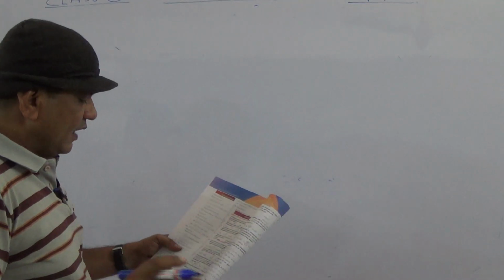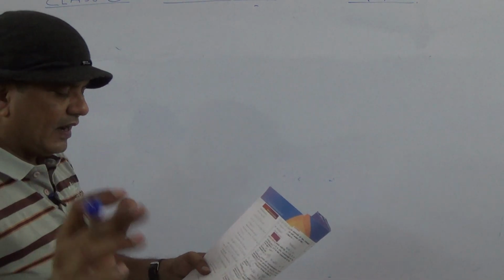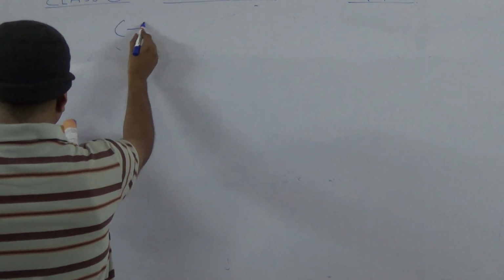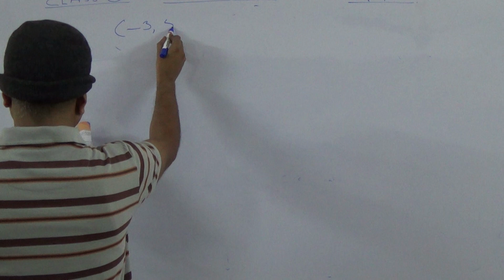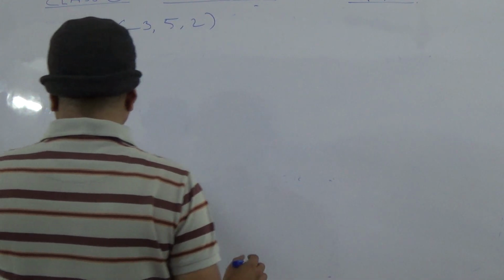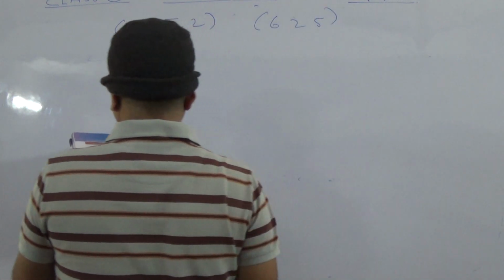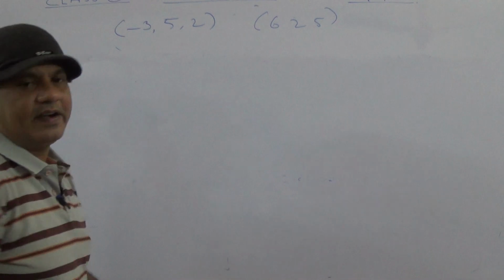Now third problem. If the orthocenter and circumcenter of a triangle are (-3, 5, 2) and (6, 2, 5) respectively, then find the centroid of the triangle.